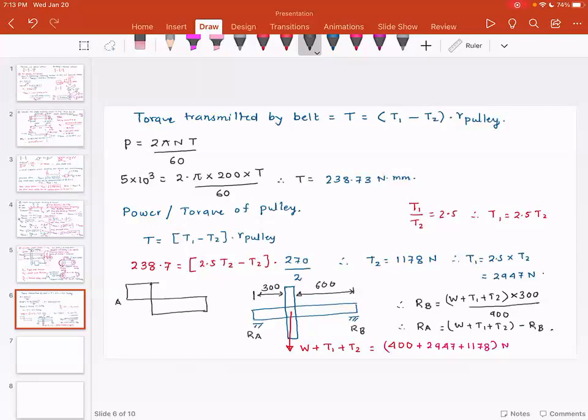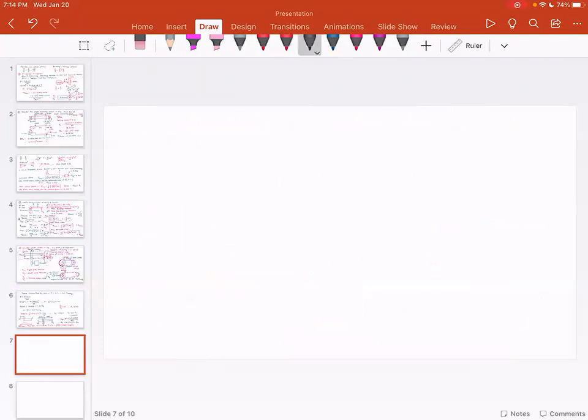So this is A, this is B, and this is C. At C, the shear force is changing direction, which means the bending moment is going to be maximum at point C. So what you can do is find out the maximum bending moment, Bm max, is equal to Ra multiplied by 300 Newton millimeter.